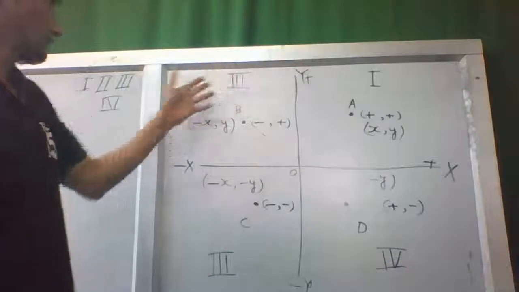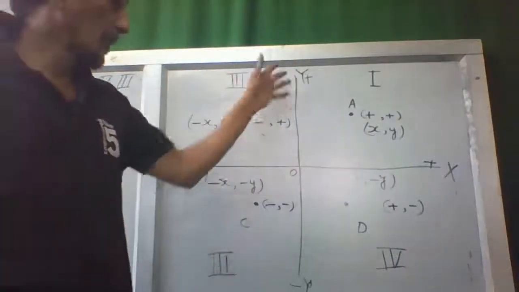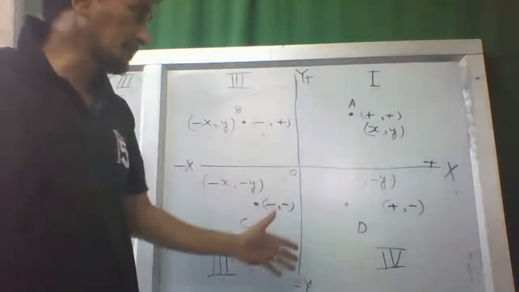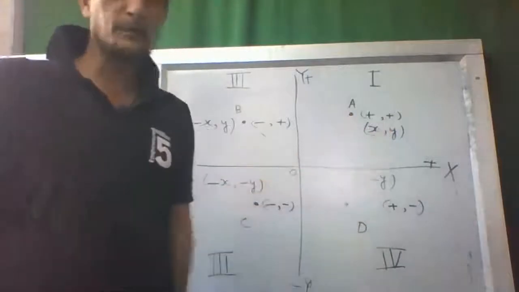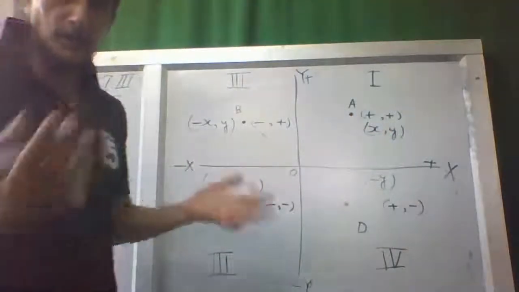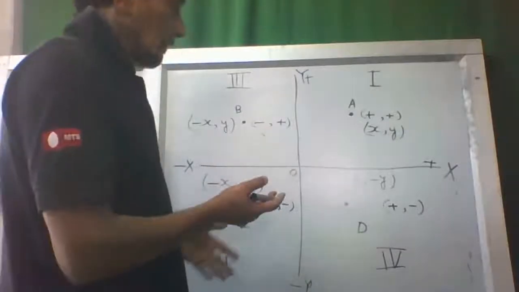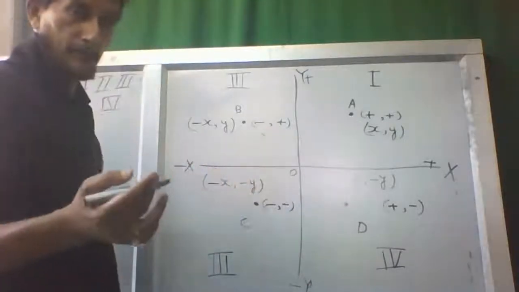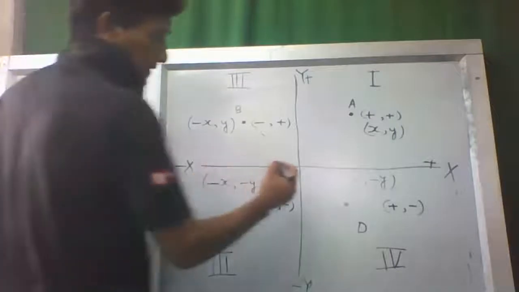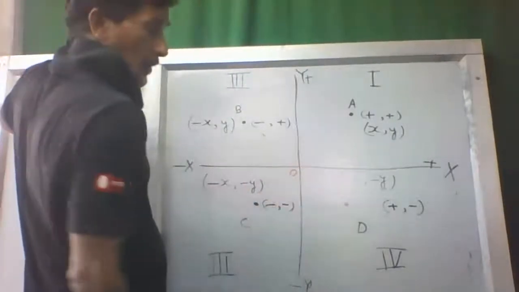So in these 4 quadrants of the x-axis and the y-axis, you have seen where we will put it together. Now for example, I am giving it numbers. This is the origin 0, 0.